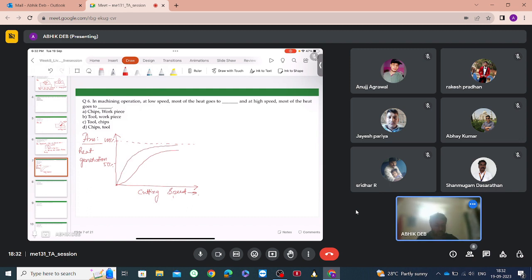Okay, so in this graph there are three sections. Say this is 1 and this is 2. Then at any value of the cutting speed, the region below the curve 1 will give the fraction of the total heat that is dissipated in the chip.